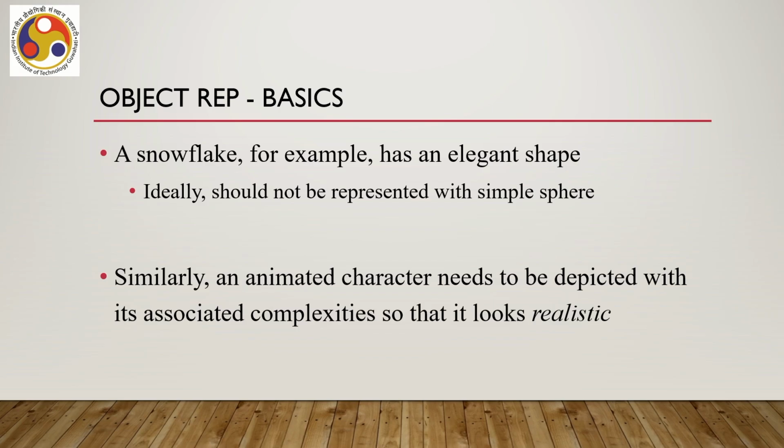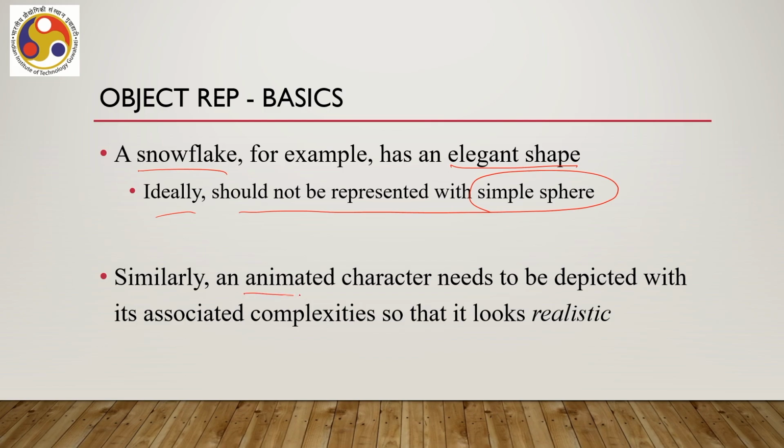Now, a snowflake is quite an elegant shape, and ideally should not be represented with a simple sphere. Then the elegance, the intricate details of the shape will be lost. It will be a very crude approximation of the shape, and then the realism will be affected.